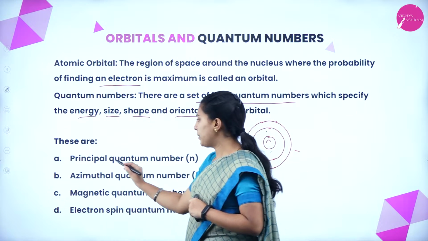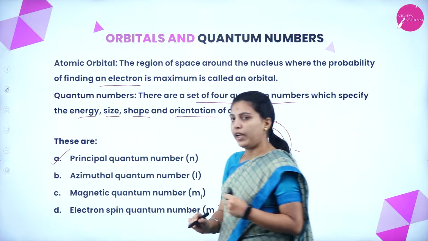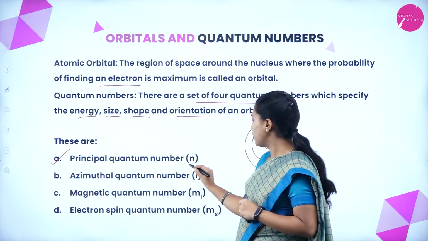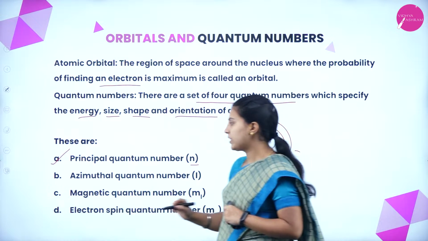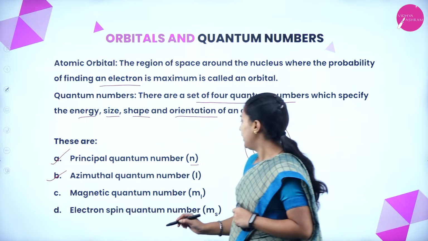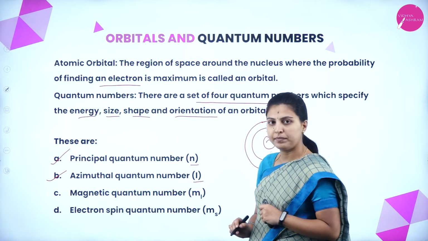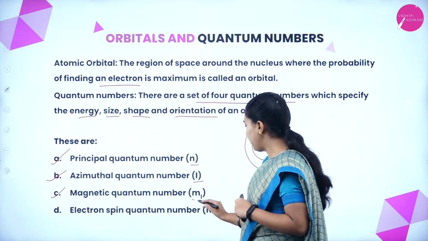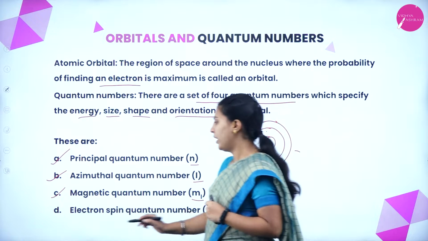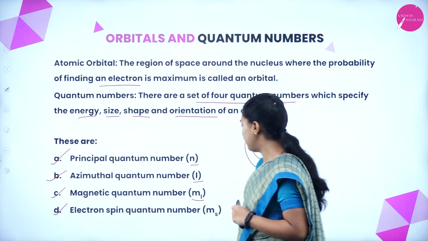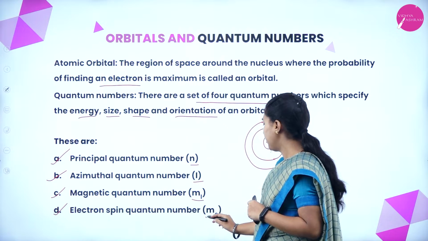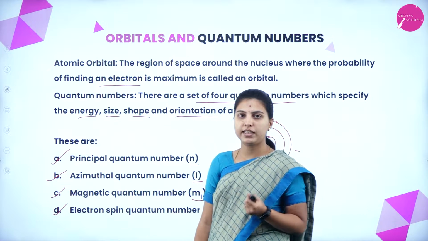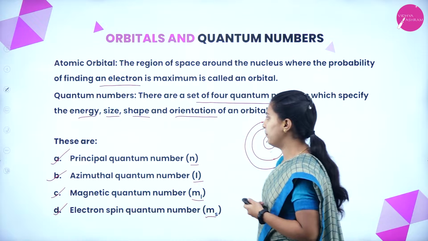First, the principal quantum number, with symbol small n. Next, the azimuthal quantum number, that is small l. The magnetic quantum number is designated by ml. Next, the electron spin quantum number, that is ms. These are the 4 quantum numbers.